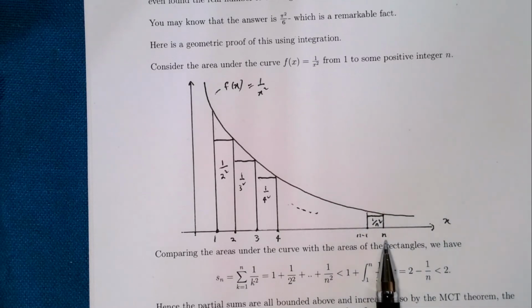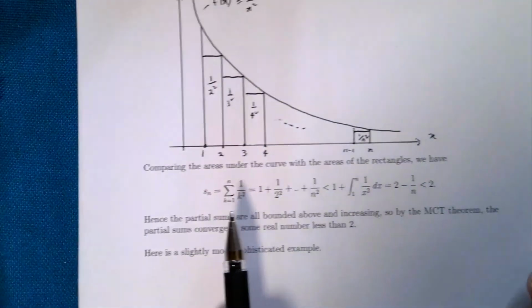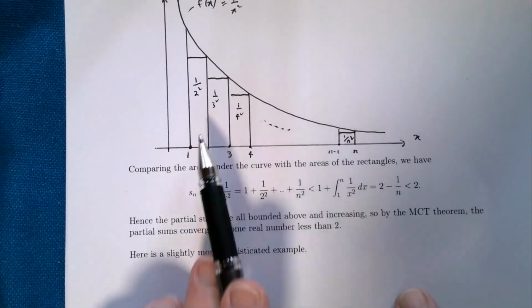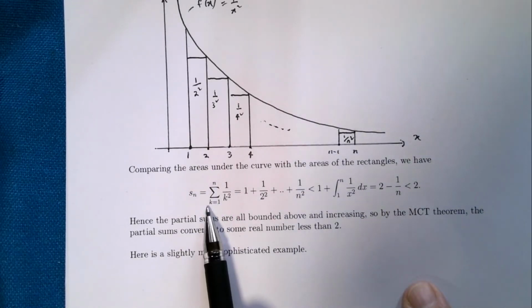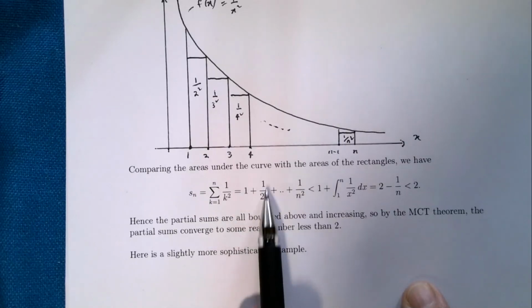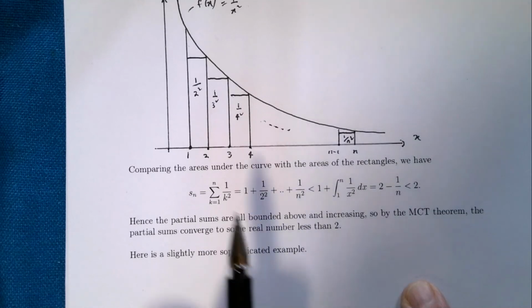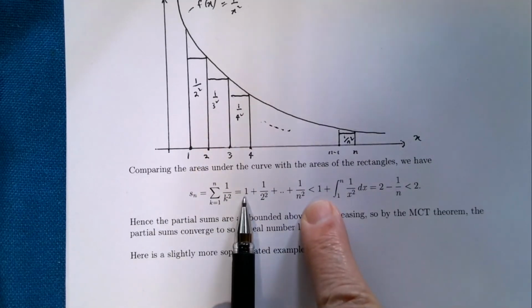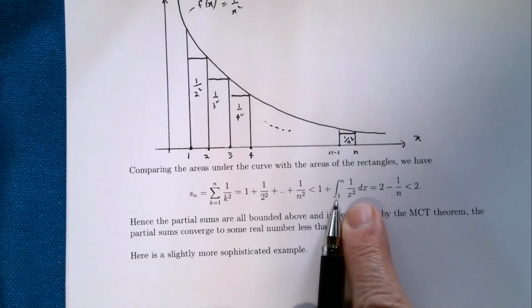Okay, so now comparing areas of rectangles, my partial sums of this series, so that's 1 plus 1 on 2 squared up to plus 1 on n squared, that's 1 plus this thing, is less than the area under the curve 1 on x squared from 1 up to n.